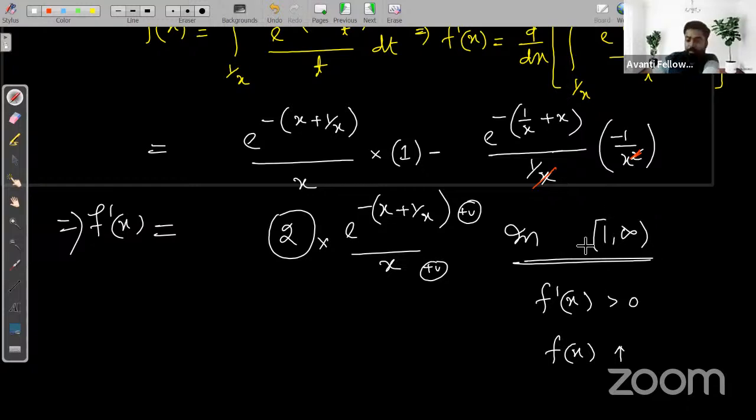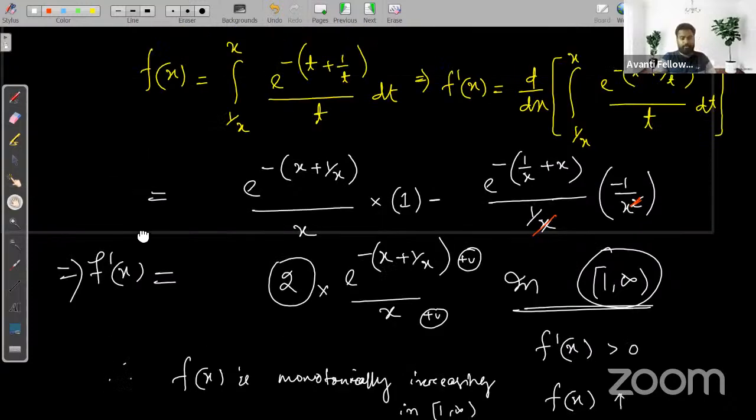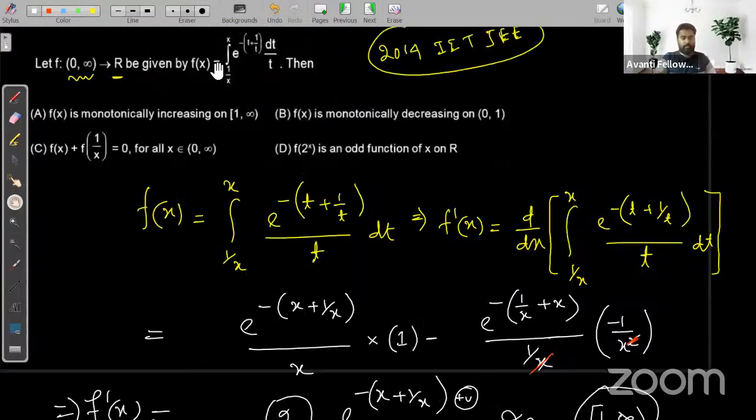So in the interval 1 to infinity, we can say f of x is monotonically increasing in 1 to infinity. Clear? Okay, so the first option is correct.